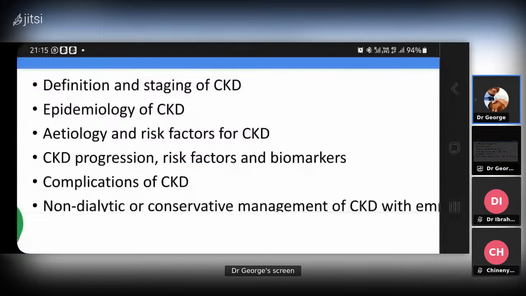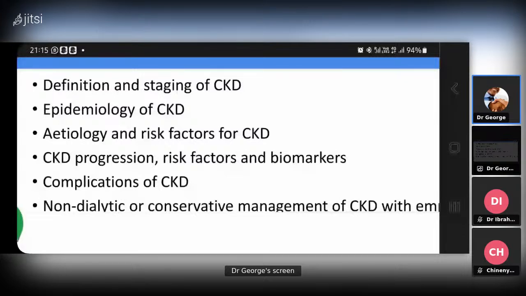So by way of definition, I think CKD definition is one of those that should have been familiar by now, right? So CKD is 3 months. Any renal pathology that is greater than or equal to 3 months, minus the tiny details of it. Chronic liver disease is any liver pathology that is greater than or equal to 6 months, right?